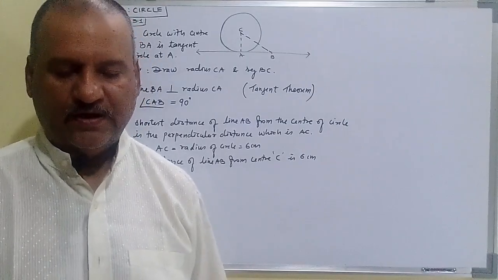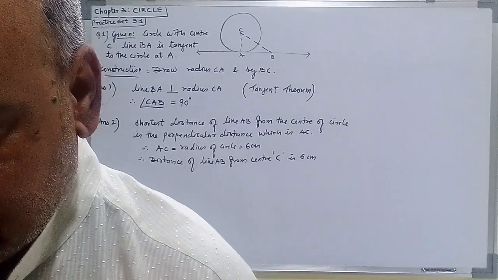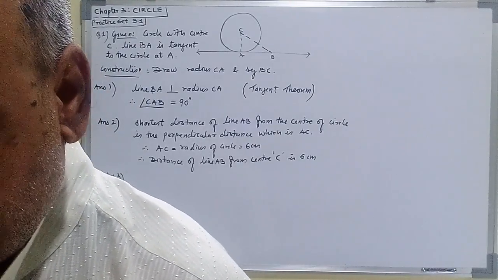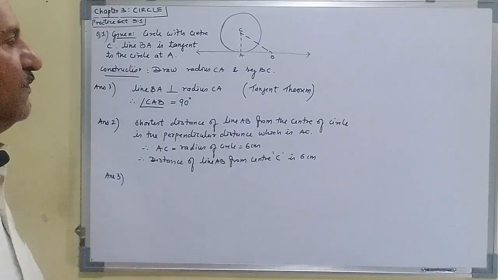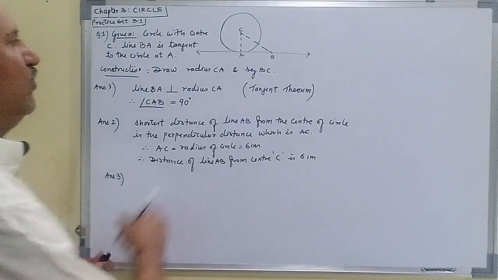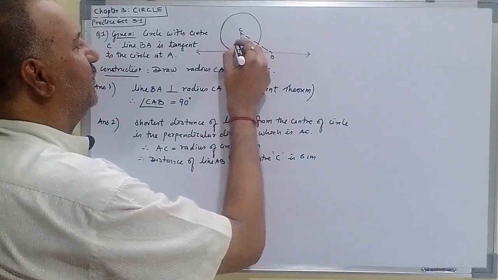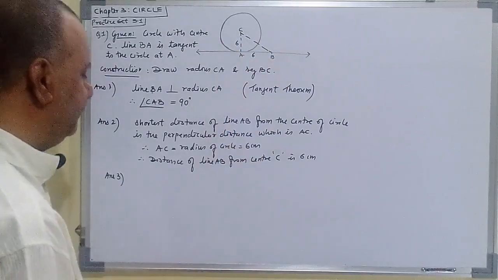Okay. Next लिखो. Distance AB is 6 centimeters. What is distance BC? अगर उन्होंने देखो we know this is 6 centimeters. अगर उन्होंने AB भी 6 centimeters दे दिया तो what will be BC?